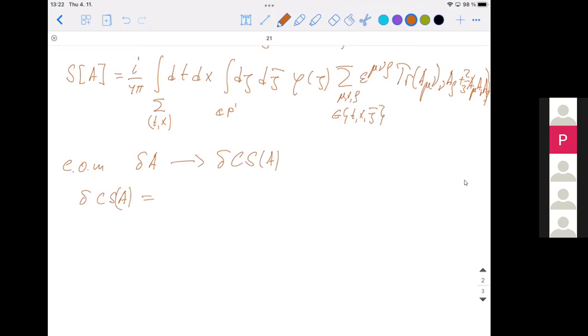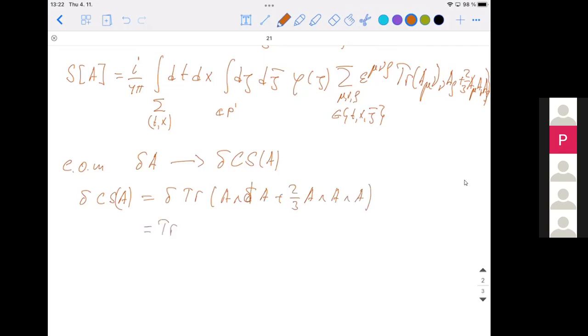So the Chern-Simons 3-form in 3 dimensions is this: trace A dA plus 2/3 A cubed.